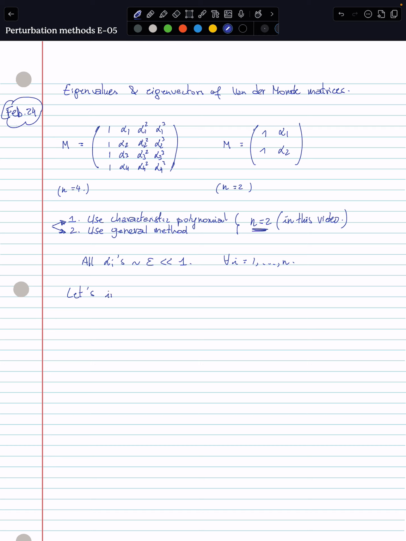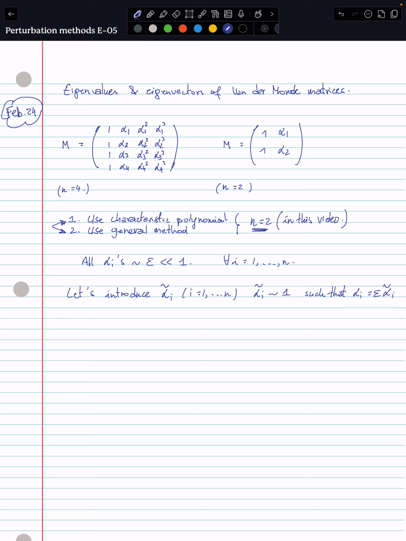Let's introduce alpha tilde i's, i running from 1 to n, which are all of them of order 1, and such that alpha i is equal to epsilon times alpha i tilde.